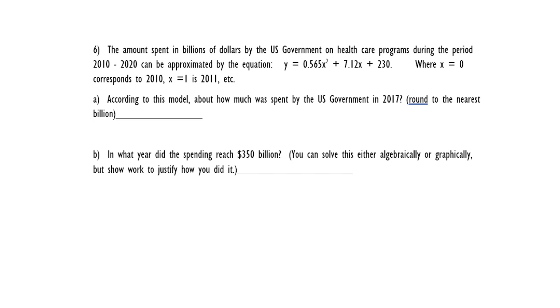So I'm going to let my Y go from 0 to 500. I'm not going to add a bunch of zeros; I just know that it's in billions. And if I'm going to scale 0 to 500, I'm going to go every 50. All right, let's hit graph.